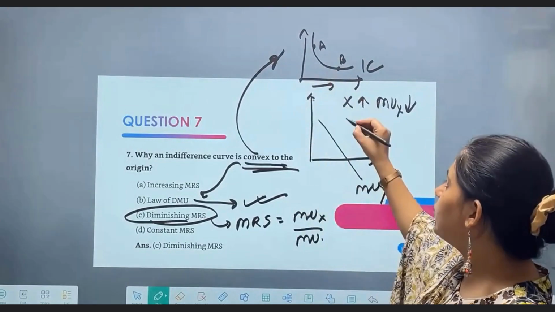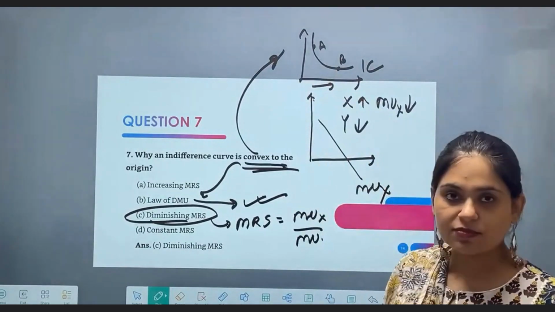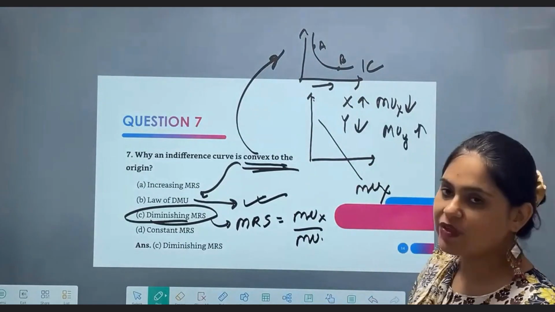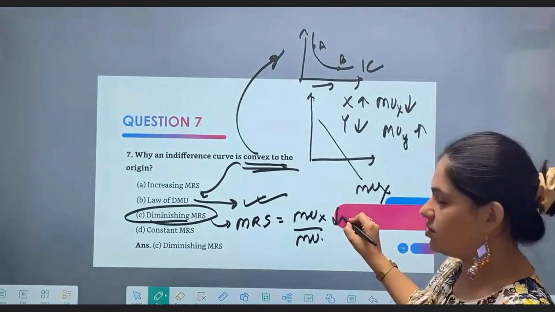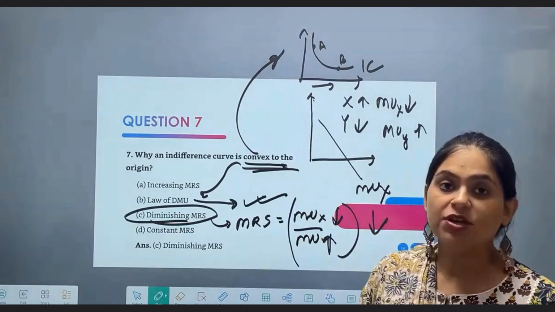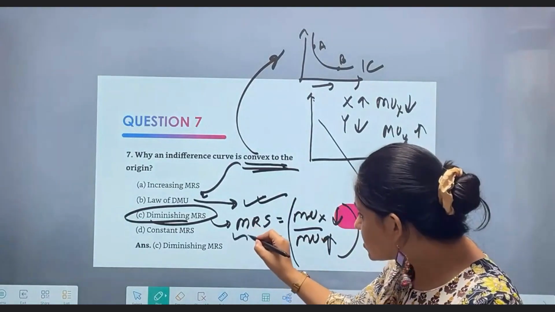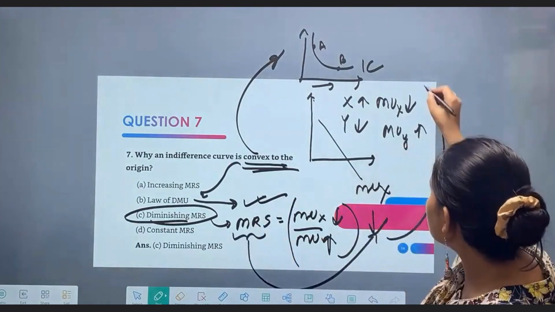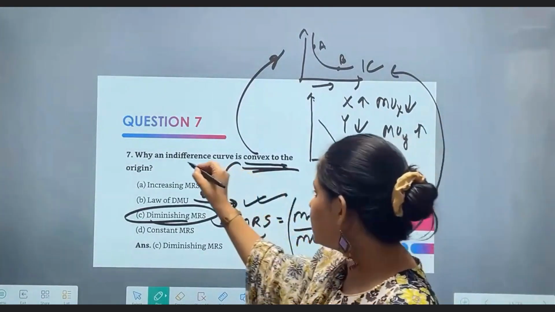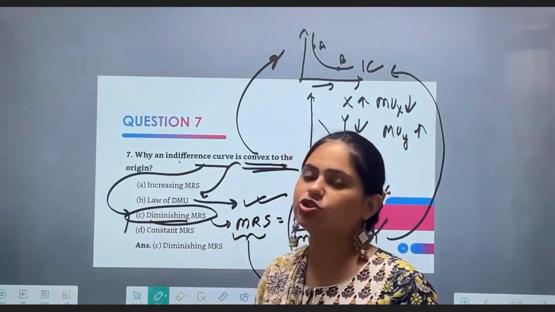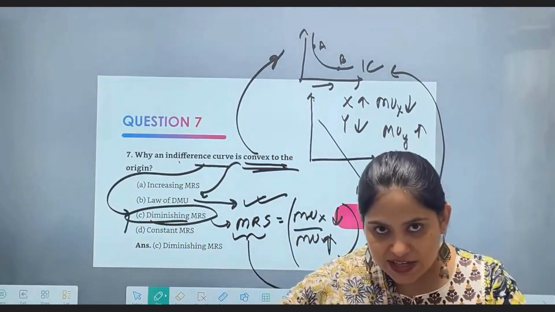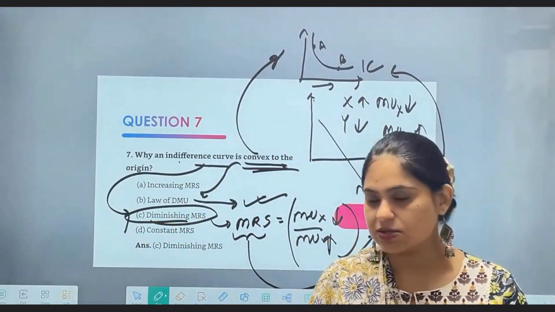When you go from A to B, you are decreasing Y. When you decrease Y, its marginal utility should increase. So its numerator is decreasing, denominator is increasing, so the fraction is decreasing. So yes, MRS diminishes because of law of diminishing marginal utility, but ICs are convex due to diminishing MRS. I hope all of you are clear. One leads to another, but you should write this right answer.